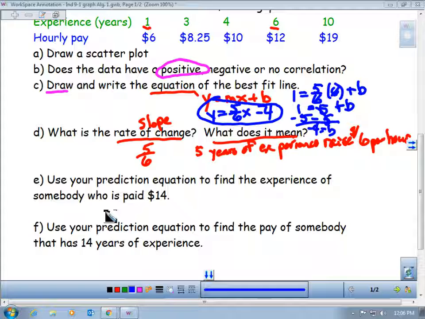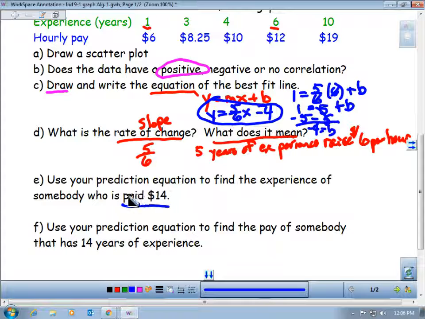Okay. Now, the two things that we really like to do with scatter plots are these. Make predictions depending on what we found. So it says use your prediction equation to find the experience of somebody who is paid $14 an hour.